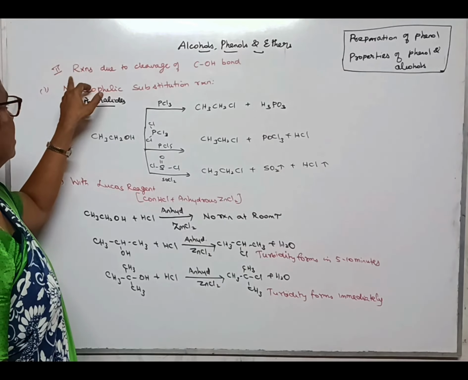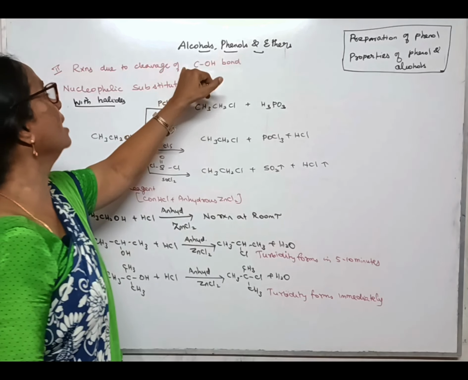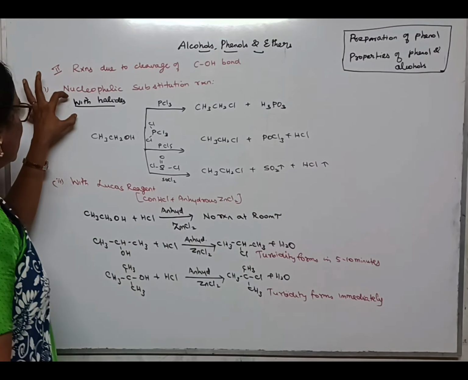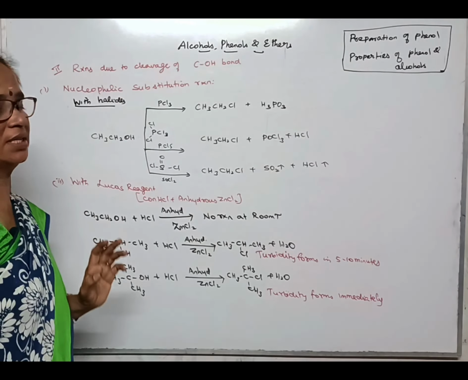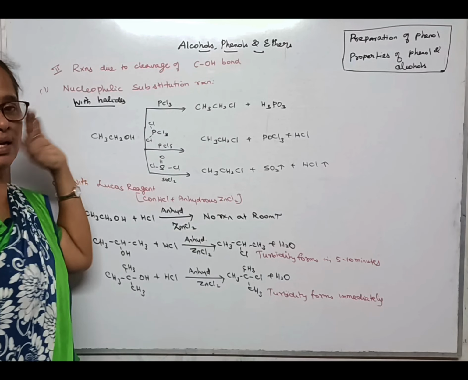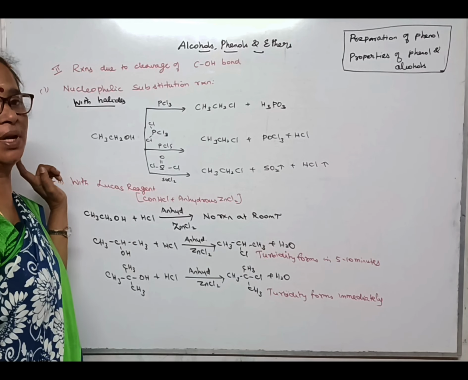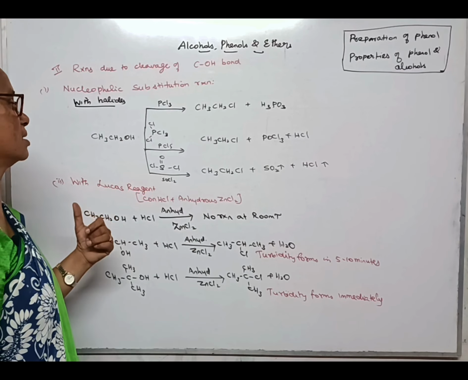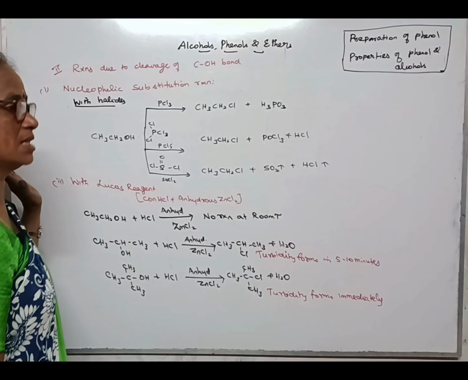Let us see the next type of reactions in which the cleavage of the carbon and OH bond is observed. So let us see, first of all, the nucleophilic substitution reaction. This we have already seen in the haloalkanes chapter under the preparation of alkyl halides from alcohols. Both of the reactions we discussed over there.